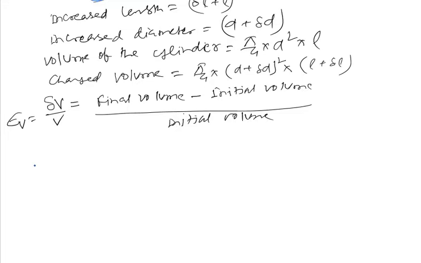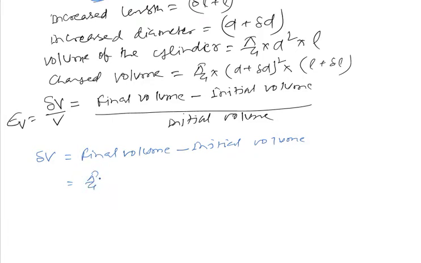So delta V will be final volume minus initial volume. This is known as the change in volume.